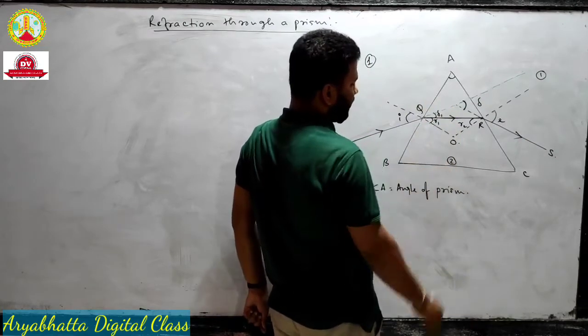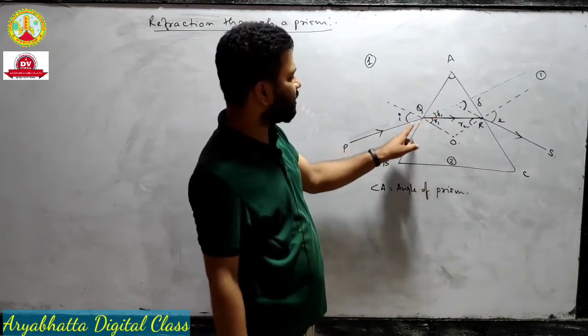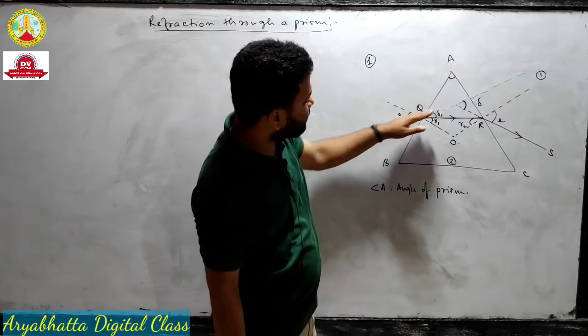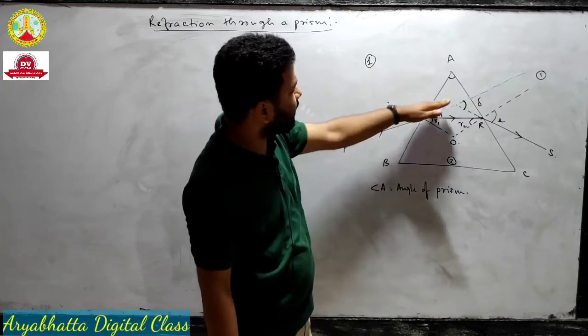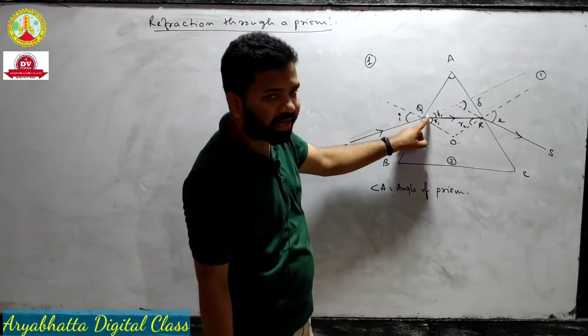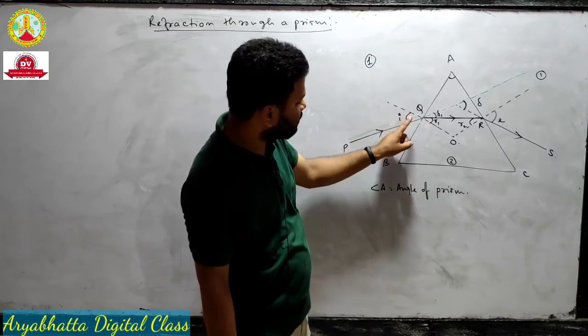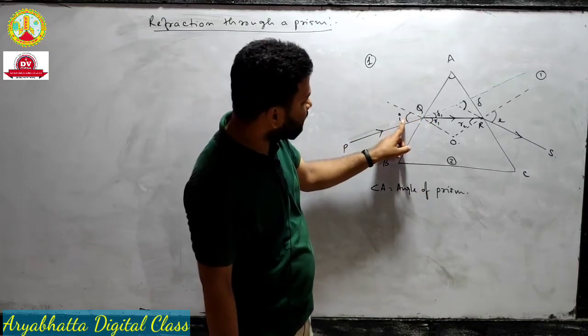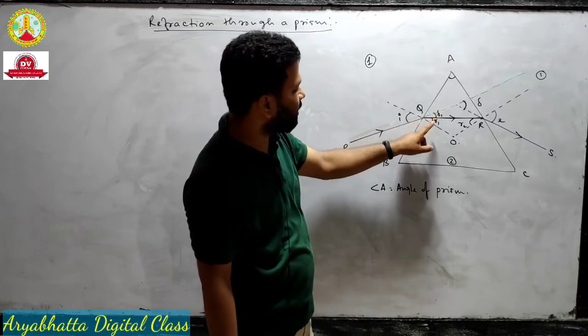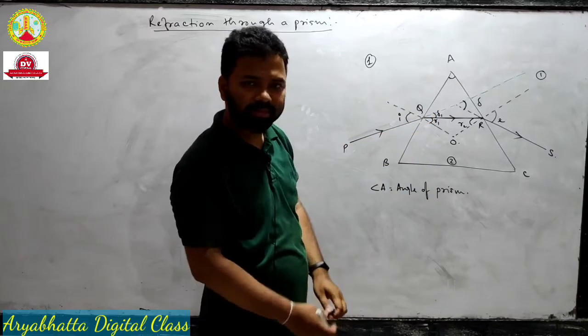And what is the value of delta 1? Be careful. This is the incident ray, and this one is the normal. So this angle and this complete angle are opposite angles, so they are equal. So I will be equal to delta 1 plus R1. So delta 1 will be I minus R1.